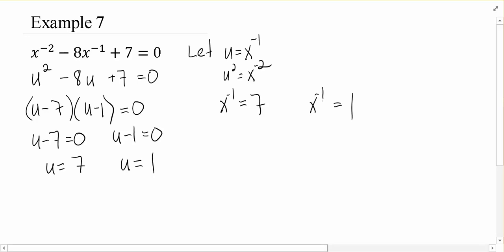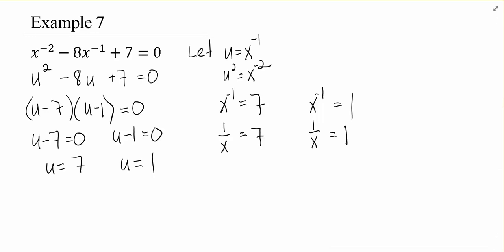Well, what does x to the negative first mean? x to the negative first means take the reciprocal. How do we get the x by itself on the left? Well, one way to do that would be to take the reciprocal of both sides.